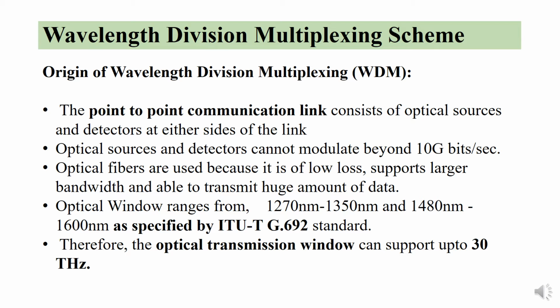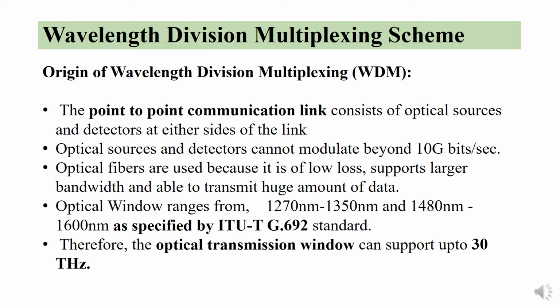If you look at deployments till now, these kinds of systems are typically 10 gigabits per second systems only. This can also be due to the nonlinearity effects present in optical fibers. Even with optical nonlinearity effects, there are advantages of using optical fibers because of their low loss, and they support larger bandwidth and can transmit a huge amount of data.